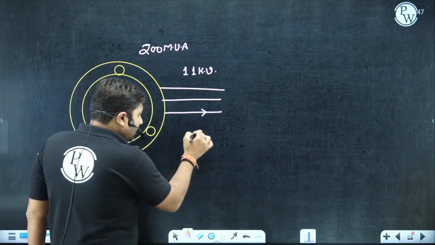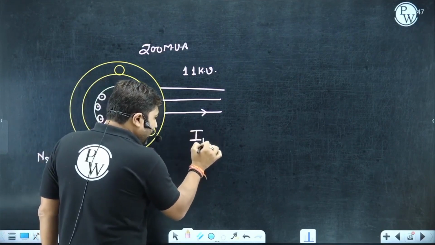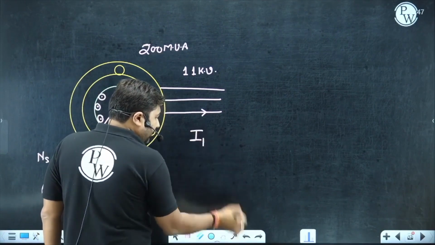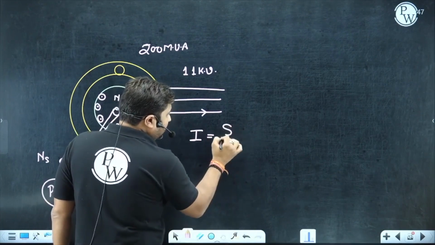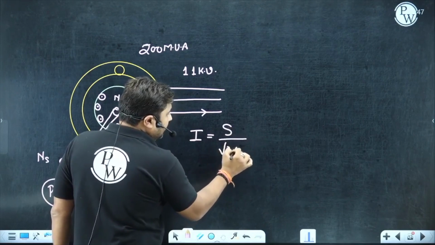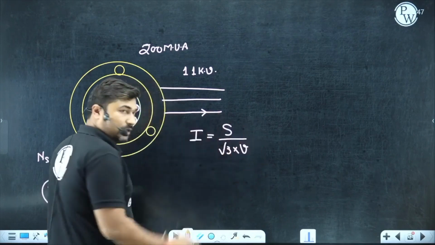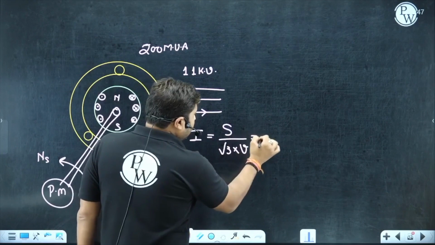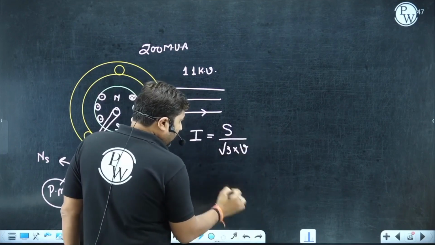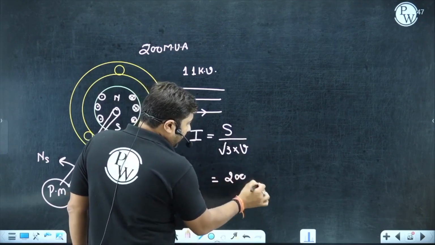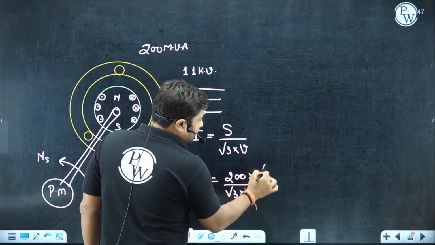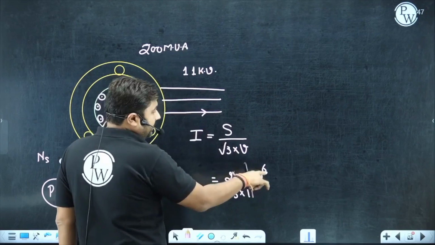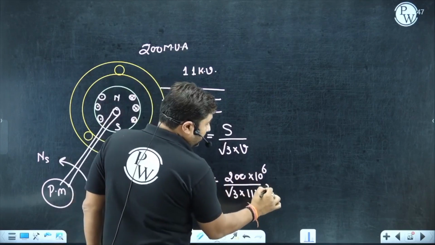So the amount of phase current will be equal to KVA upon root 3 times the line voltage. So it is 200 by root 3 into 11, and since it is MVA, I am writing here 10 to the power 6 and 10 to the power 3.